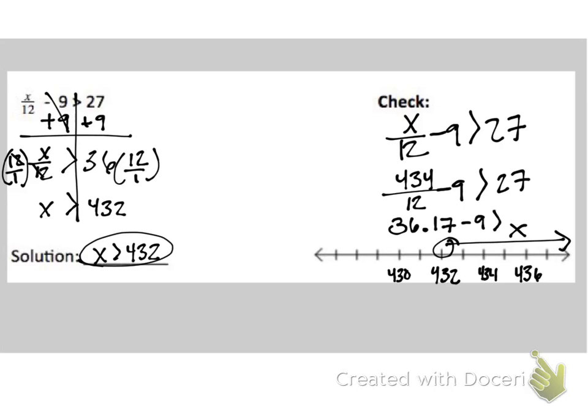Minus 9 has to be greater than 27. 36.17 minus 9 is going to be 27.17, which is greater than 27, so it checks. Our solution is correct.